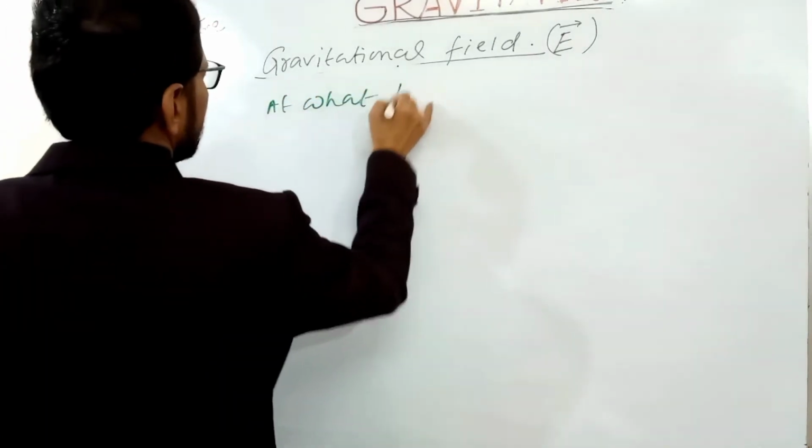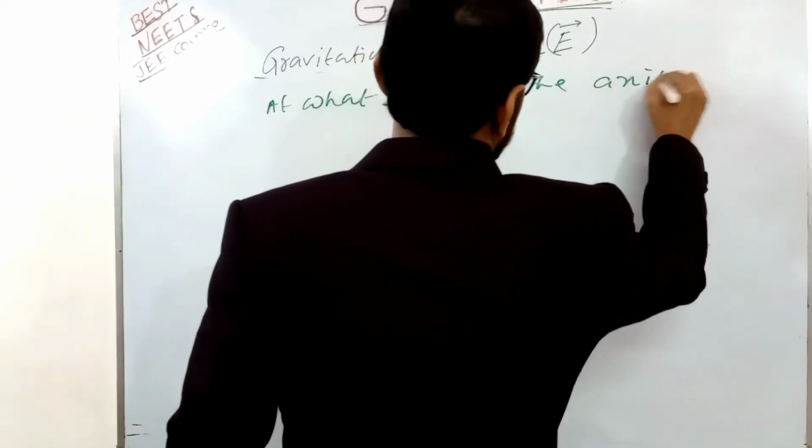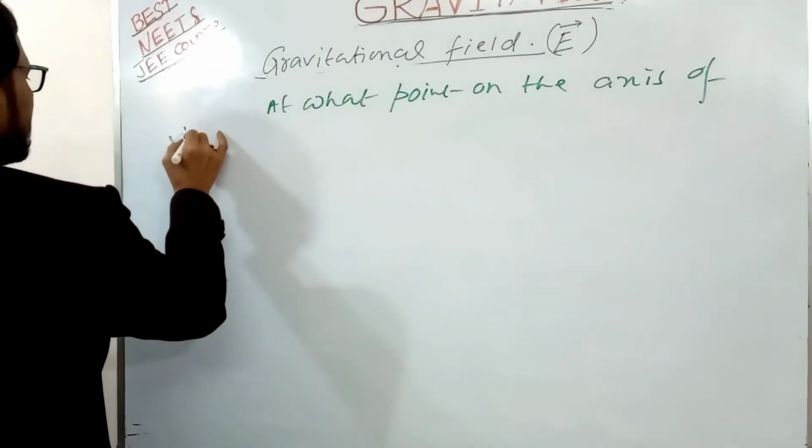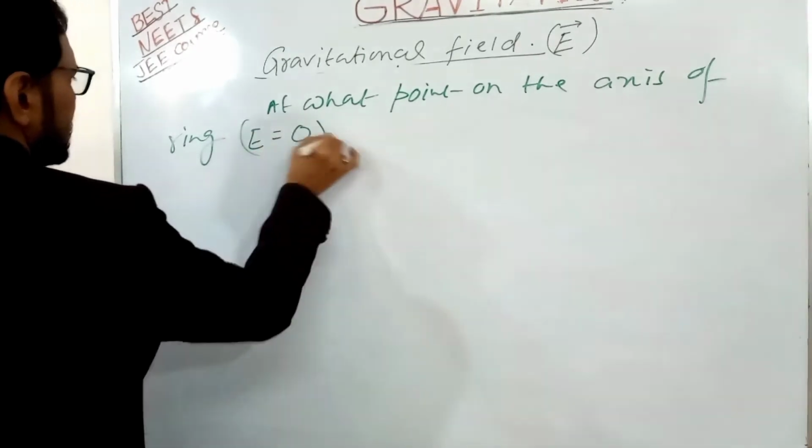At what point on the axis of the ring is the gravitational field 0?